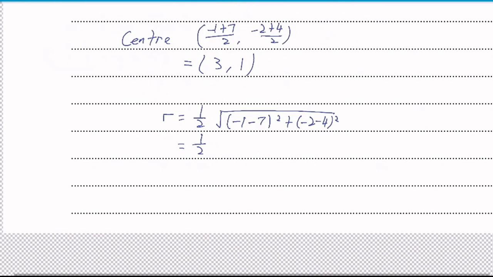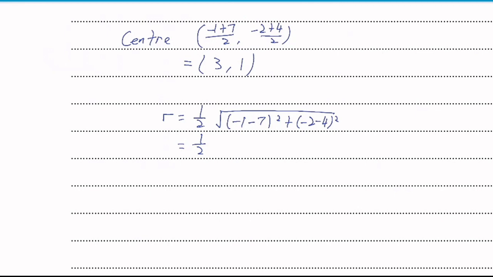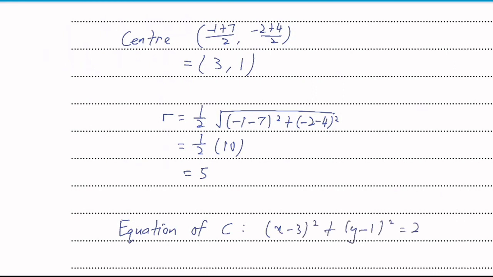Inside there is a 64 and a 36, so the radius is 5. So the equation is (x minus 3) squared plus (y minus 1) squared is equals to 5 squared, which is 25. So remember the r should be squared.